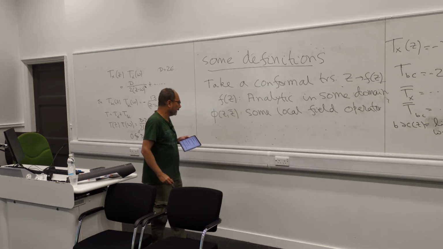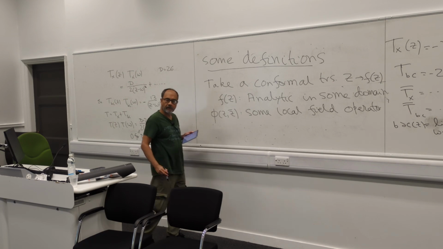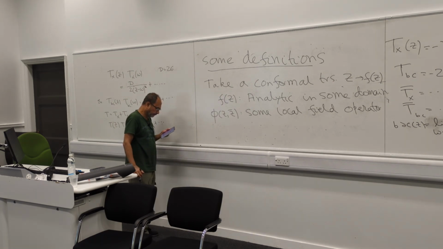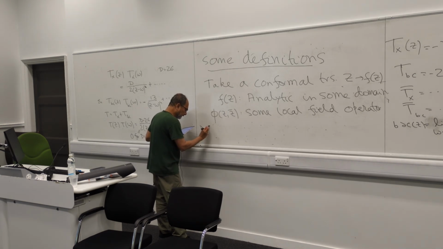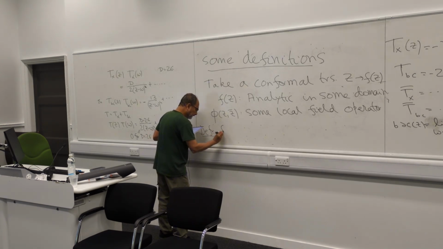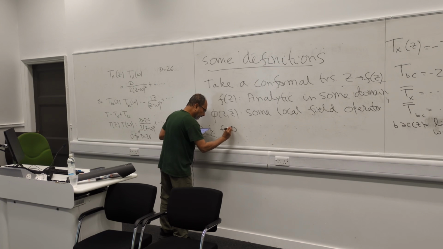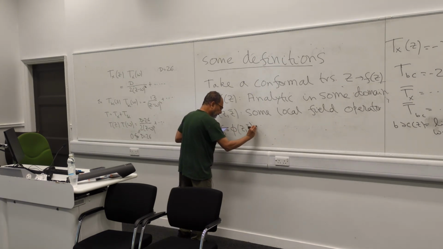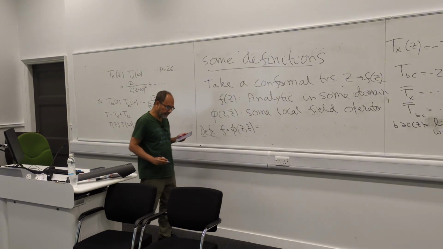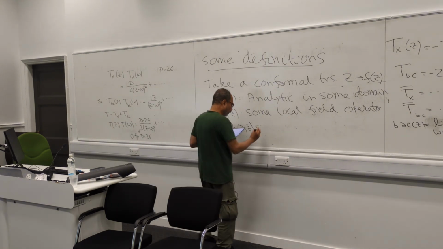Phi I am not assuming is holomorphic, so it can depend both on holomorphic and anti-holomorphic coordinates. Our definition will be that f circle phi, this is by definition the conformal transform of phi under f.